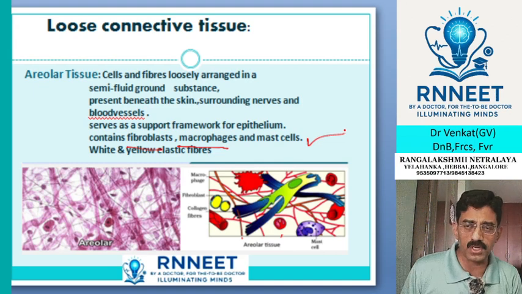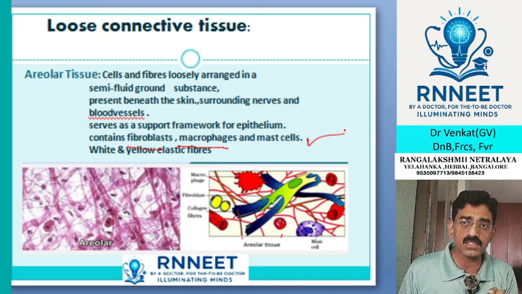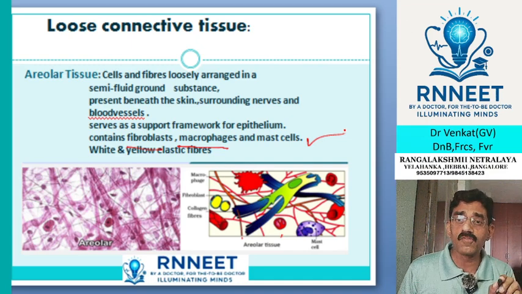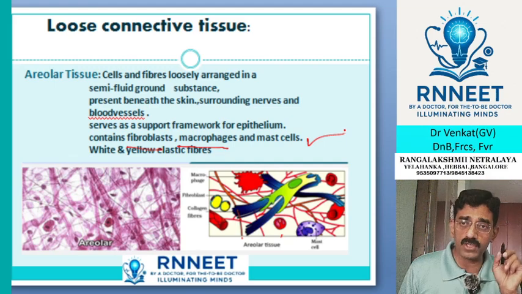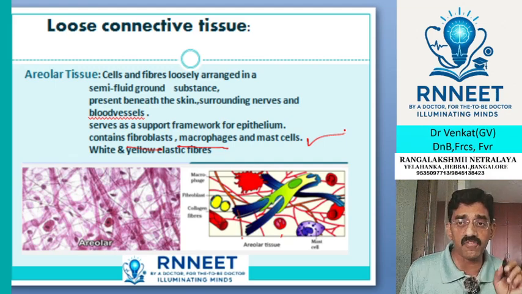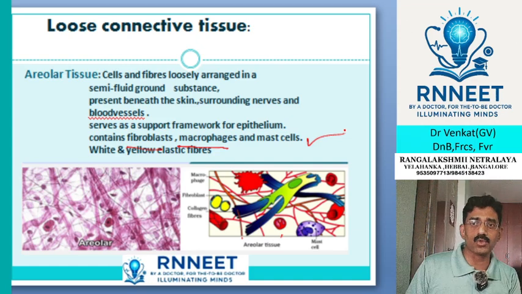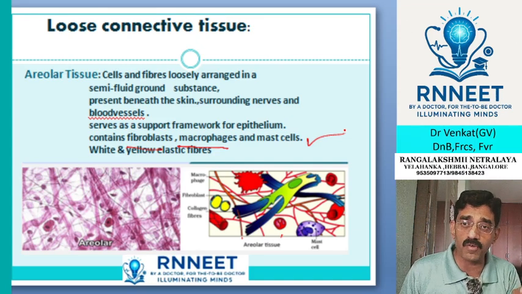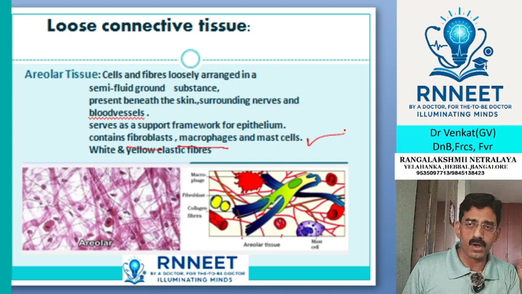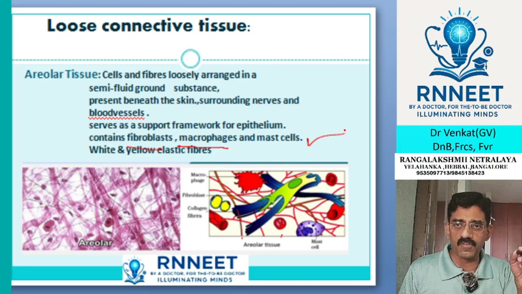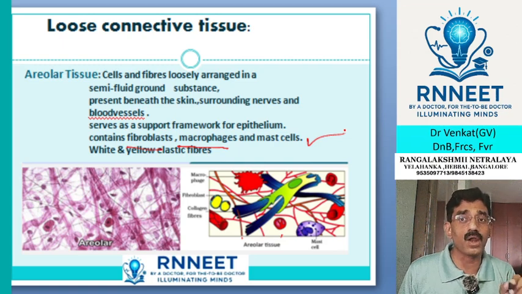An indirect question they can ask is very simple: which of these tissues is responsible for your allergic reaction, or for the anaphylactic reactions in your body? They can ask you that and then give you blood as one of the choices. They can give you different tissues as choices, they can give you blood and they can give you areolar tissue.